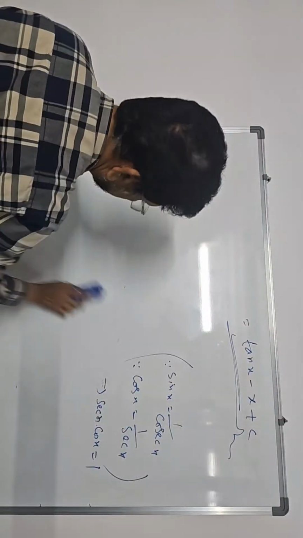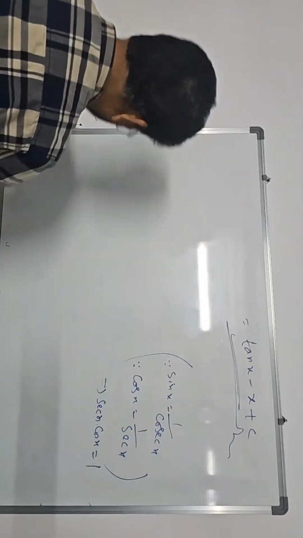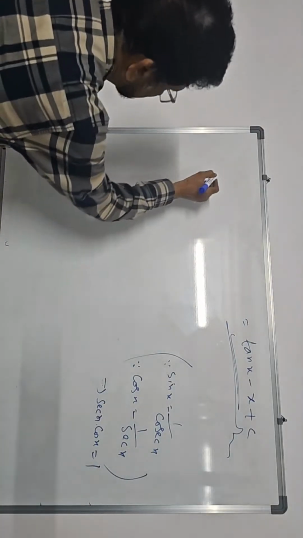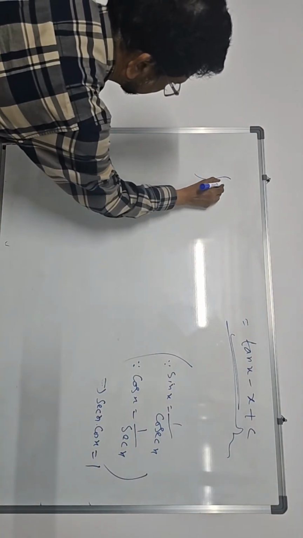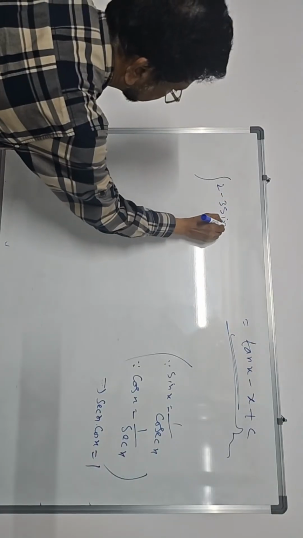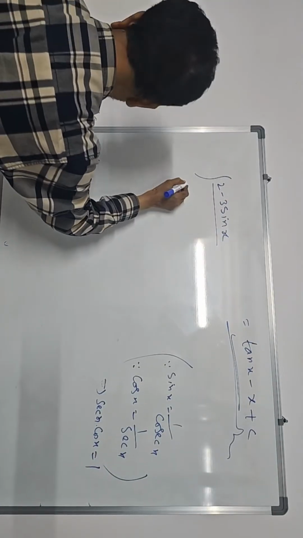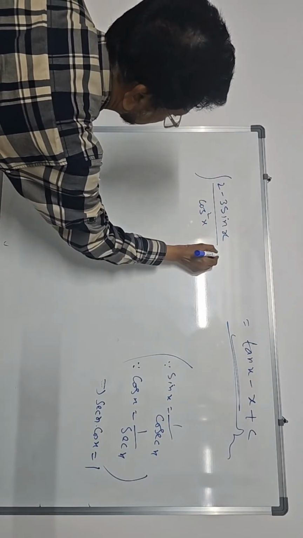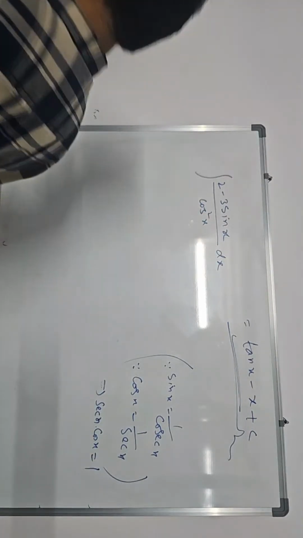You can try by yourself. This question which I am writing now: integration of 2 minus 3 sin x divided by cos square x, dx. Find this value.